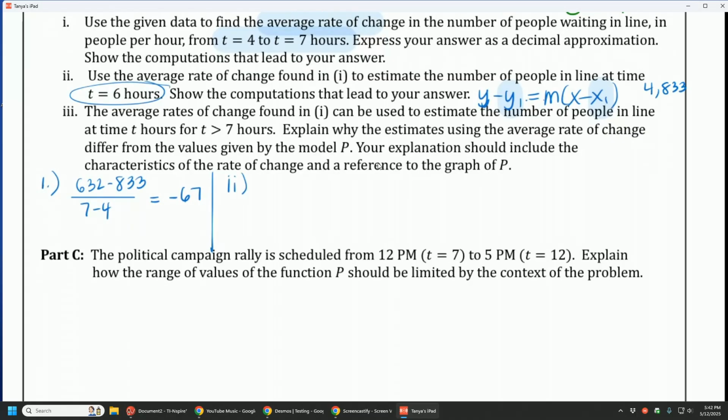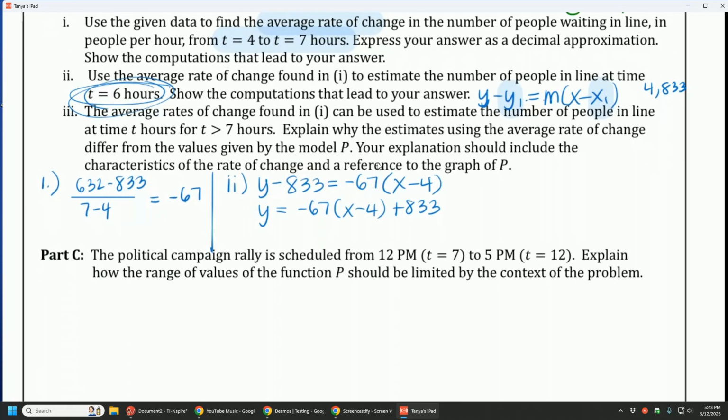Okay, so let's fill that in. This would be y minus 833 equals, we said our rate of change was negative 67, x minus 4. And then this 833, I'm going to move it over to the other side. So I still have parentheses, but now I'm going to have a plus 833 at the end.